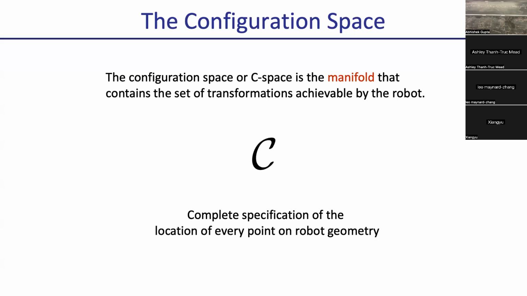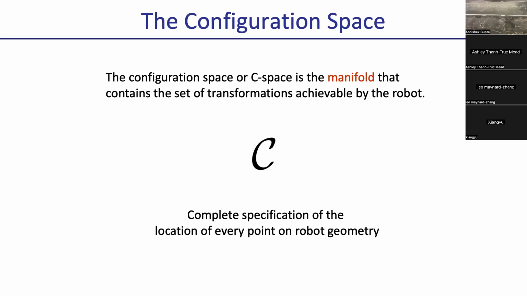A point in configuration space for an arm would be one configuration of the joint angles, and a point in the configuration space of your car is one position and orientation of it. So every point in configuration space corresponds to some configuration of the robot in the world.